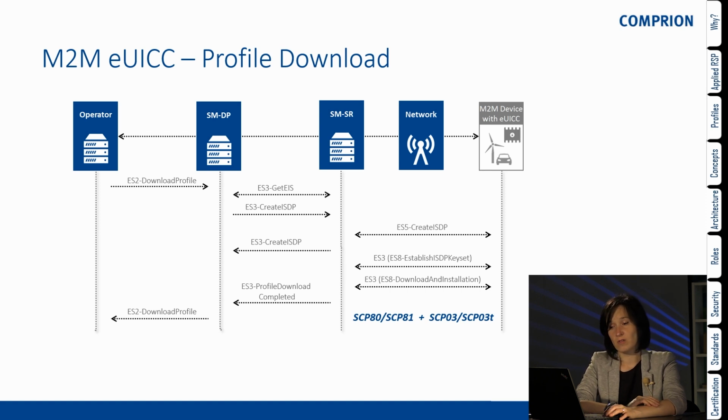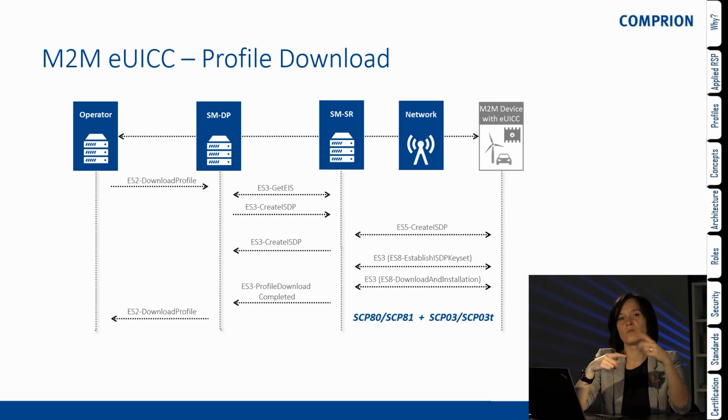And then the cryptographic security, secure channel protocols SCP-03 and SCP-03T, to be used for the communication to the USSC. So the USSC finally receives this kind of envelope with two security protocols inside, around the profile.